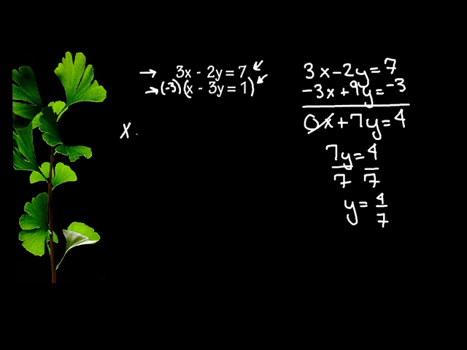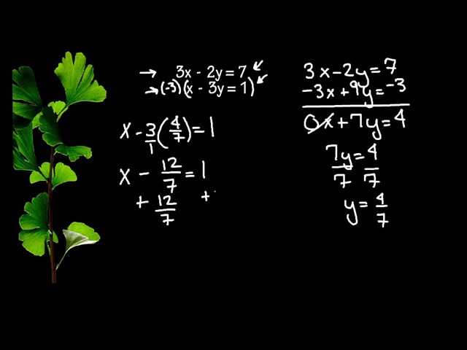So I'm going to have x minus 3 times y, which is 4/7, equals 1. I'm going to multiply here, so I'm going to have x minus, 3 times 4 is 12, 1 times 7 is 7, equals 1. I need to get x by itself, so I'm going to add 12/7 to both sides.